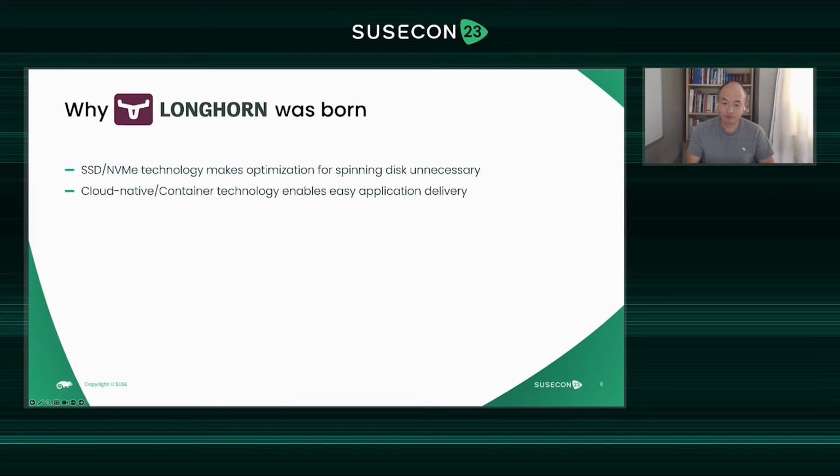At the same time, cloud native and container technologies were booming. By utilizing this technology, we can easily deploy any application, including a storage system like Longhorn, to any destination without worrying much about dependencies. On top of that, Kubernetes technologies have enabled a simple design and allow us to rely on Kubernetes to do the scheduling and availability detection.